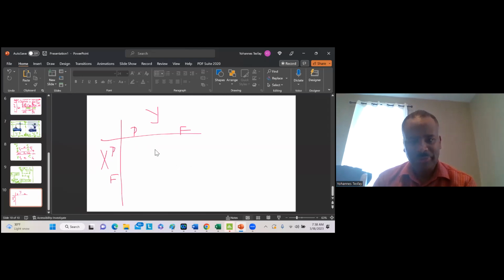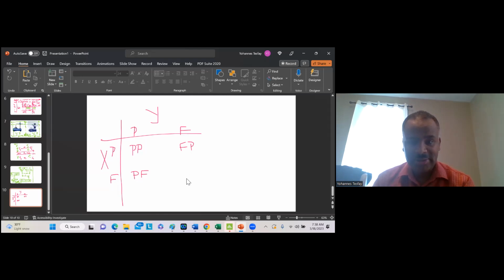These counts: y says those parts pass, and x also says pass, this is pp, pass-pass. This one says fail, but this one says pass, so this is fail, pass. This one says pass, but x says fail, just like that.